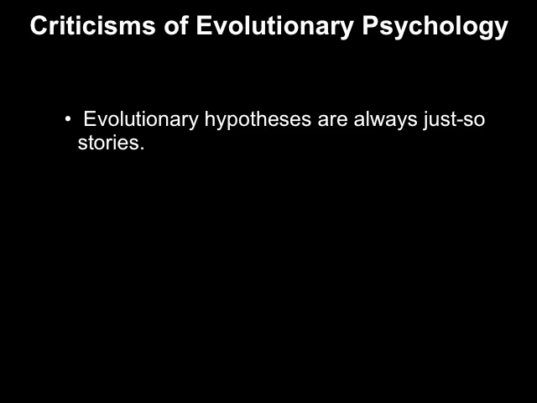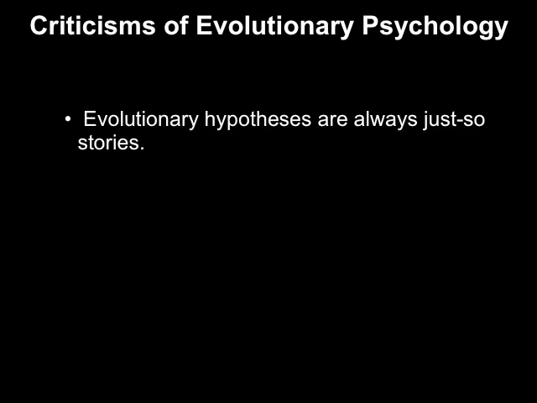So then they use the principles of natural selection to make further predictions. If we think that people who don't have this emotion of jealousy are going to have lower reproductive success because their partners will be more likely to leave them, we could test that. We could go out and try to measure people's jealousy.